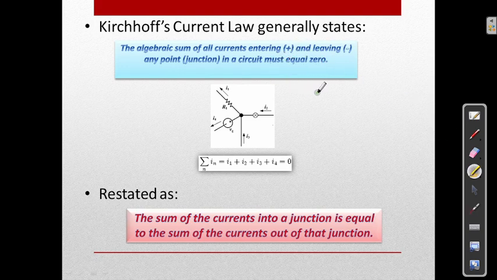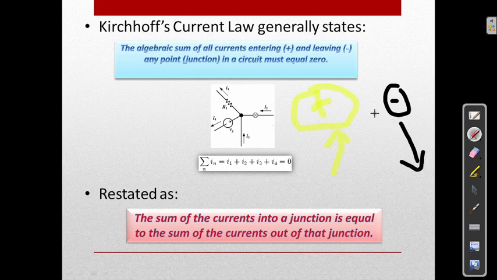Here, positive indicates that the current is entering into the junction. If current is entering into the junction, we tell it as positive. If it is leaving from that particular junction, we will say it has a negative sign.